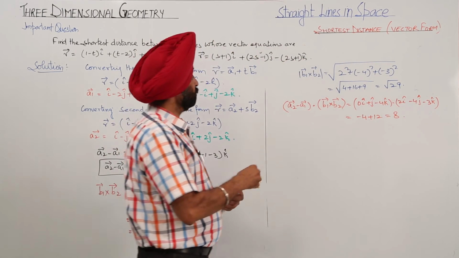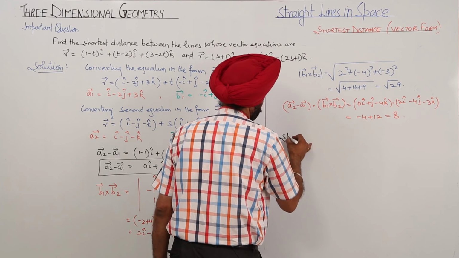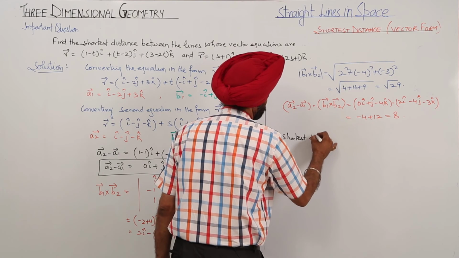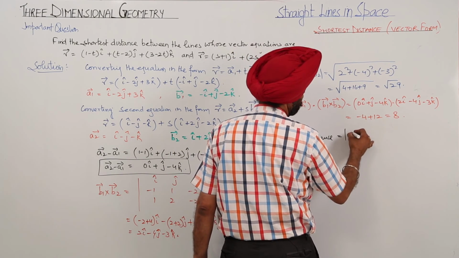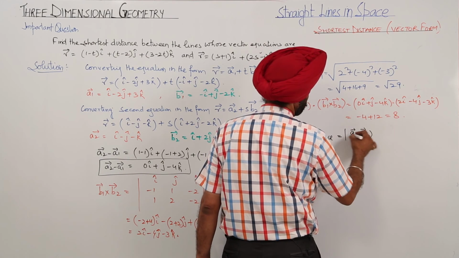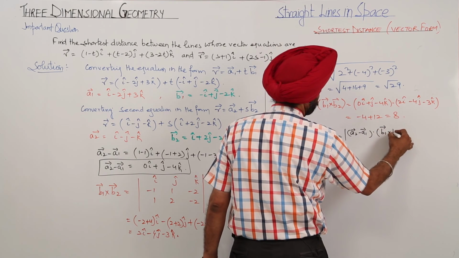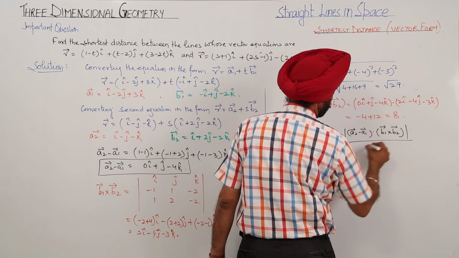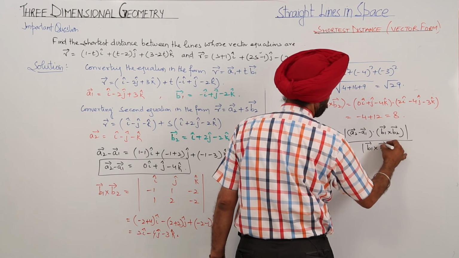Now shortest distance formula. Shortest distance is equal to a2 minus a1 dot cross product of b1 b2 upon magnitude of b1 cross b2.